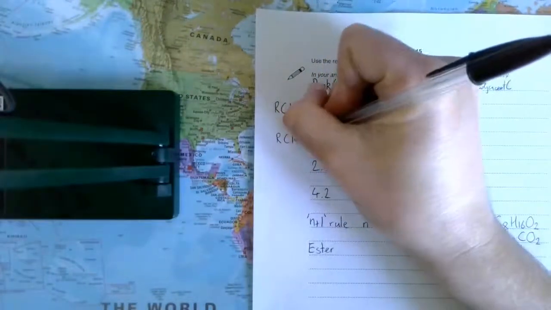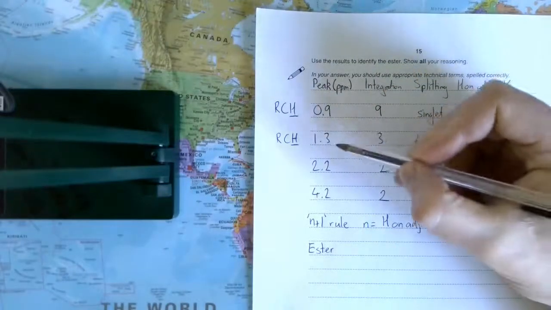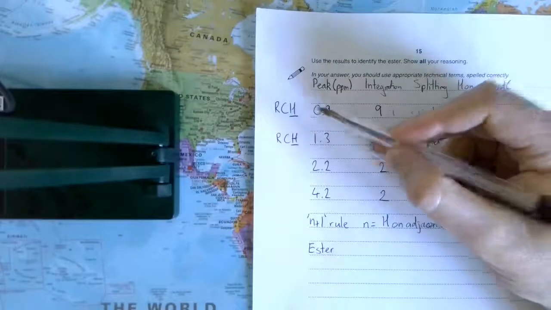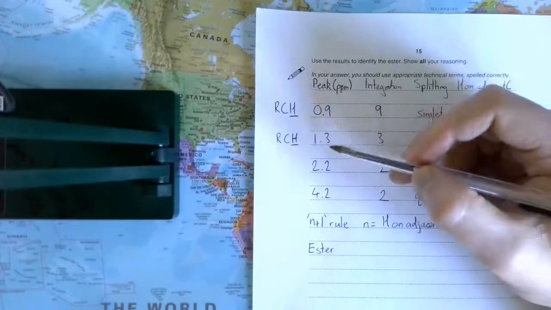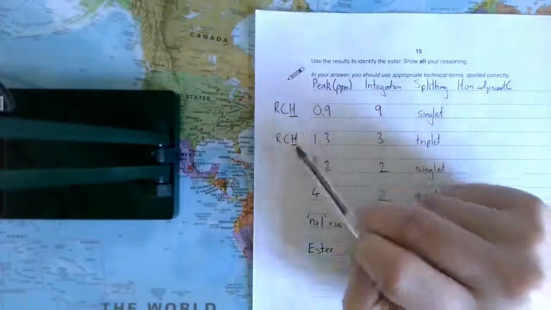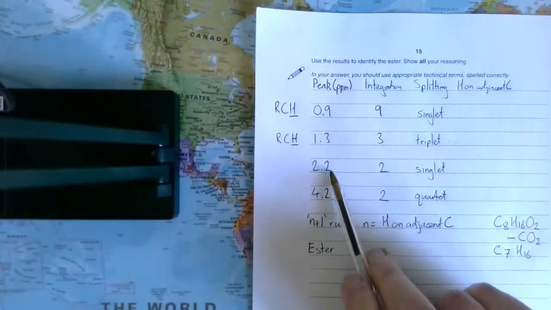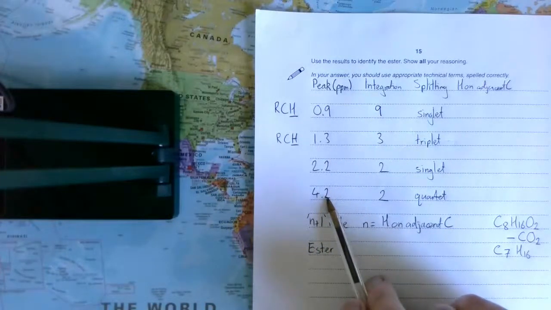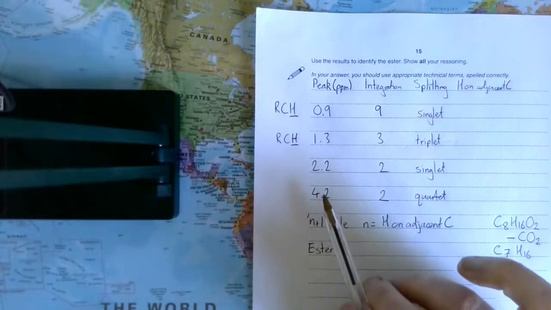There are always marks for just using your data sheet to work out what environment these are in. So they are really quite low ppm. These are not too de-shielded. They are the RCH environments.